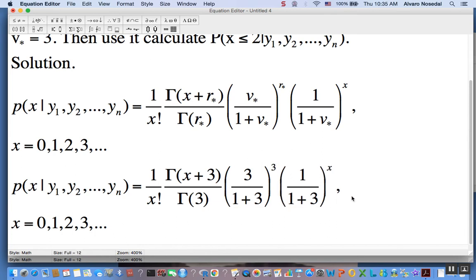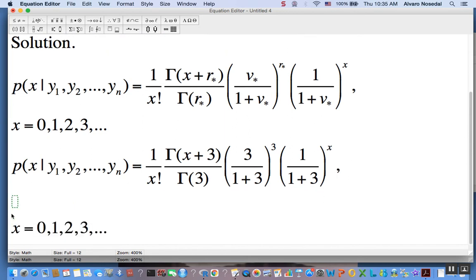Make sense? Okay, then just like before, we're going to simplify that expression a bit more using properties of the gamma function. So in this case, again, x is an integer. We have that integer plus 3. We're going to be evaluating at a positive integer.